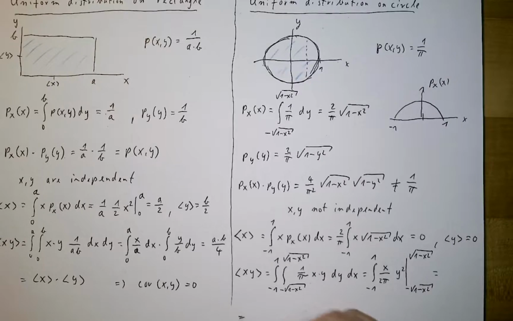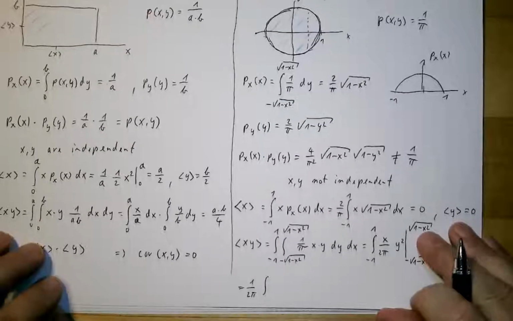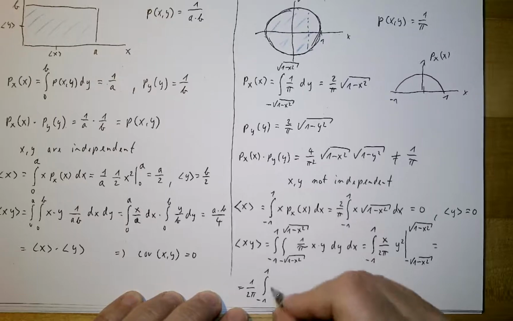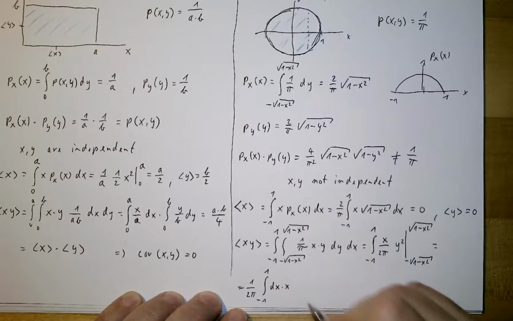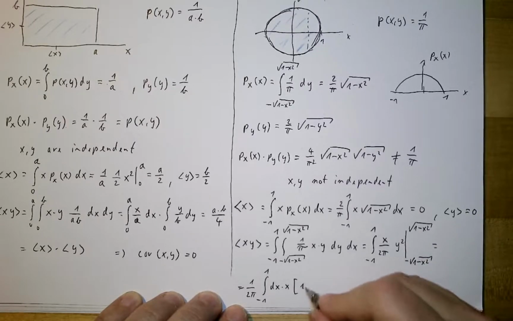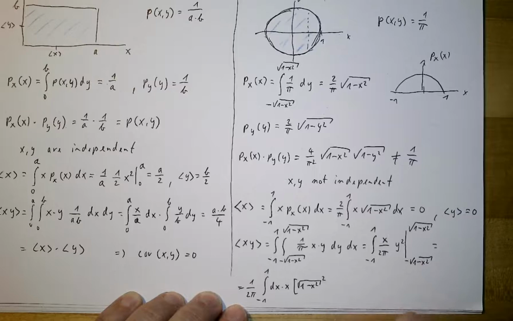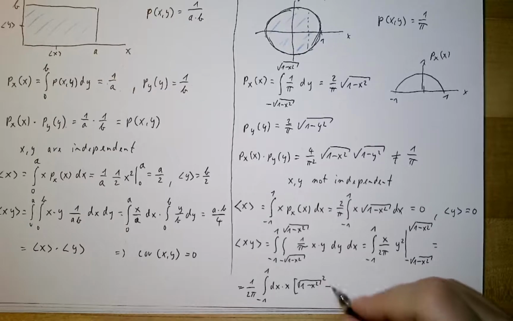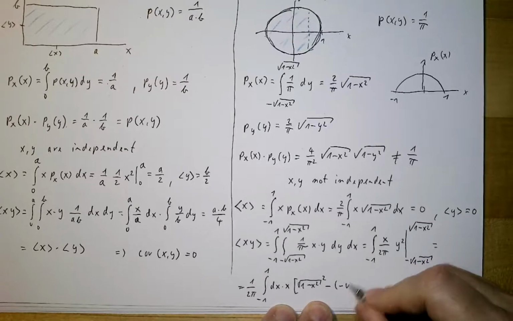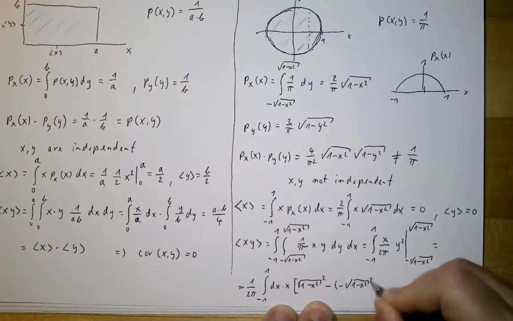This equals 1 over 2 pi, which we can take out, times the integral from minus 1 to 1 of dx times x, and then these two borders, the square root of 1 minus x squared squared, minus minus the square root of 1 minus x squared squared.